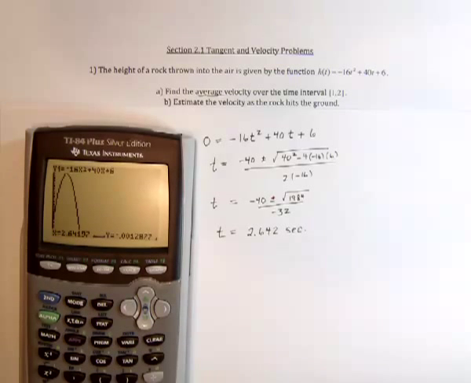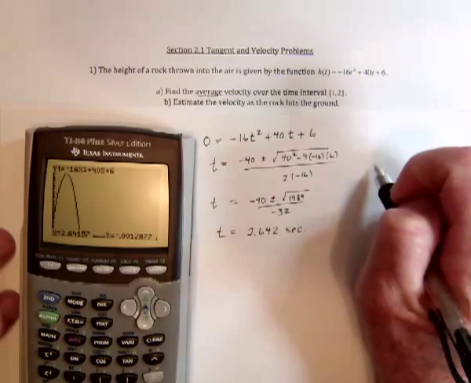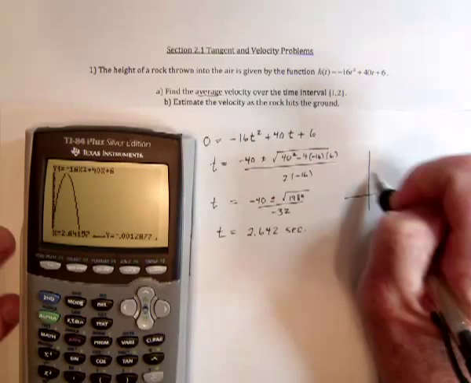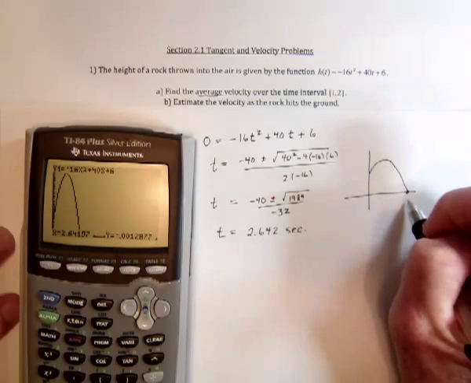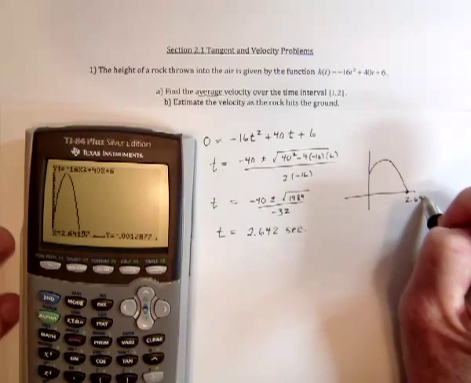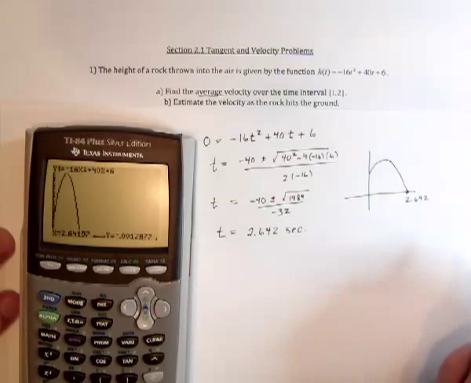So the next thing to do is, instead of using the interval from 1 to 2 like the first part, we've got so far only one number to use, 2.642. But the question is asking, estimate the velocity just as the rock hits the ground.